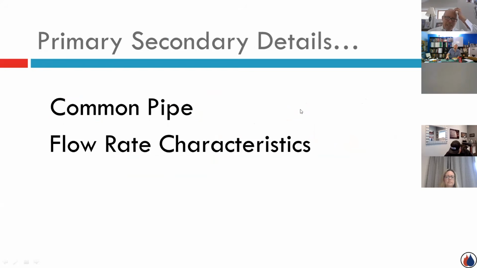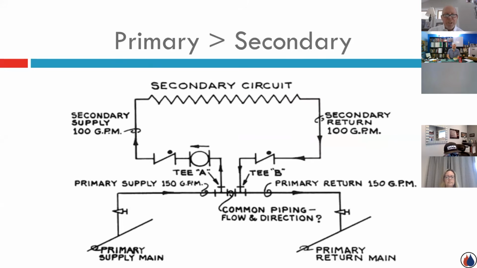So another detail is the flow rate characteristics within that common pipe that can occur. And in most multiple boiler systems that are installed today, they occur all the time. So here's a quick example where the primary flow rate is greater than the secondary. So 150 gallons a minute, I have a secondary circuit with a pump that's sized for 100 GPM. So you say, well, how's that going to work?